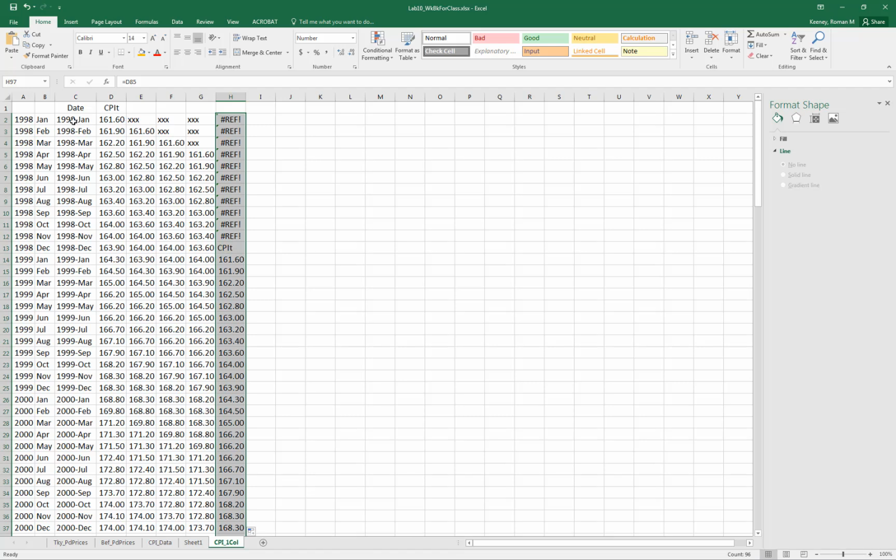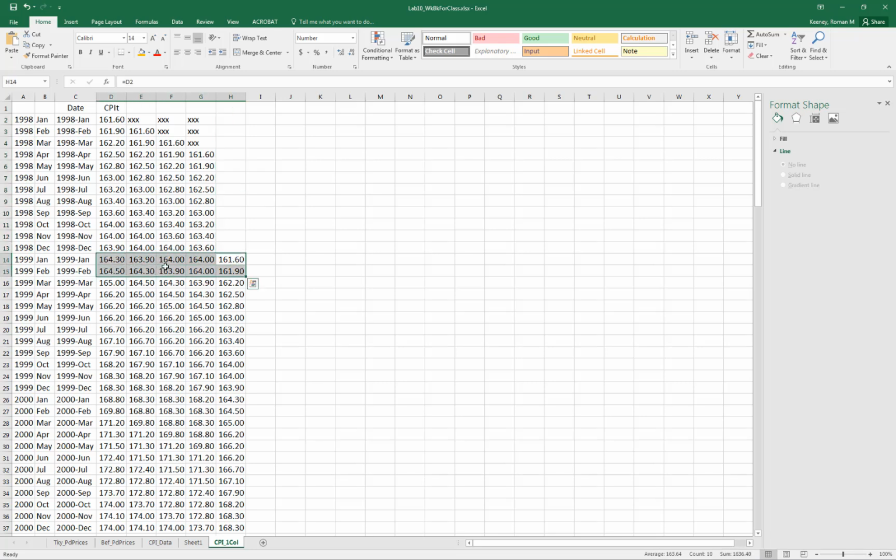Every lag you introduce means you lose one period of data, and you lose up to the maximum lag that you use. So if we use a 12-month lag in this model, that means the first year of data is gone because when we look at December of 1998, we don't know what the price was in December of 1997 to fill that in.